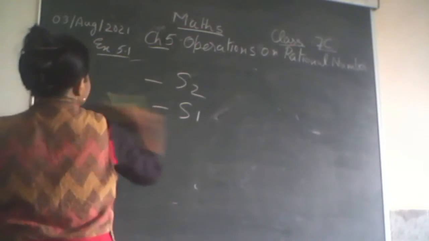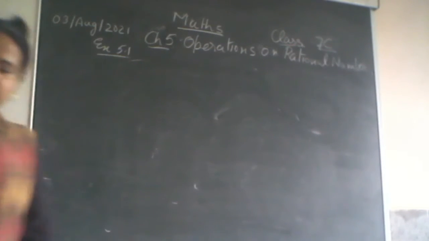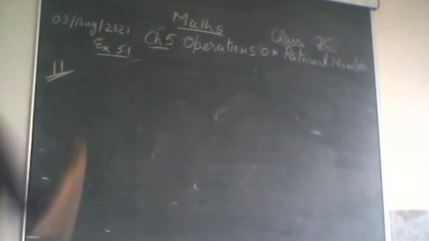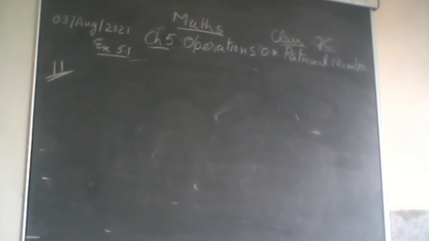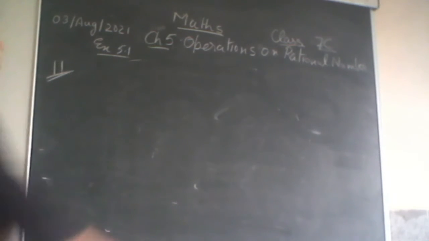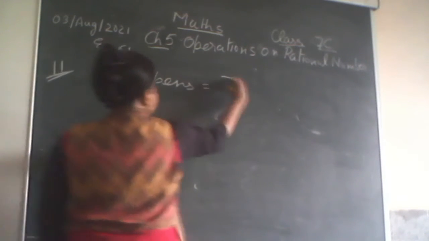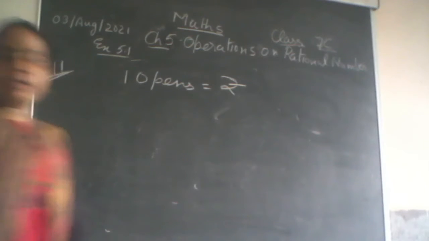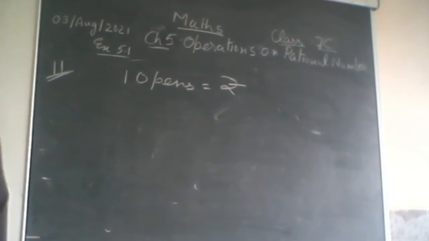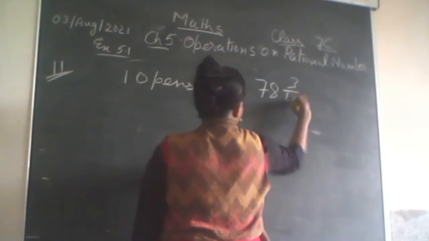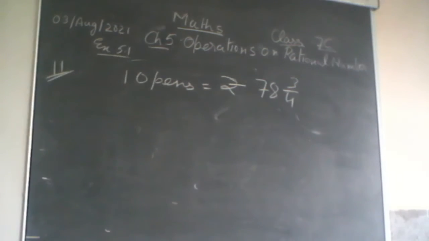Let's do the 11th one now. See, Arjun purchased 10 pens for rupees 78 3 by 4. I hope you know the symbol of rupees now. Am I correct?